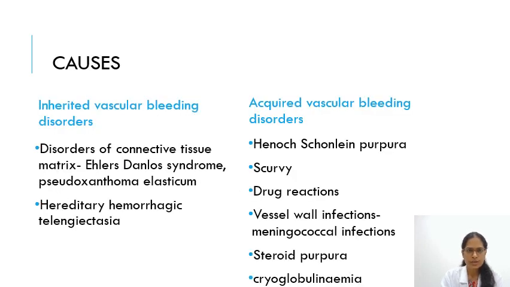These are again divided into inherited and acquired disorders. Inherited ones are mainly because of connective tissue disorders like Ehlers-Danlos syndrome and hereditary hemorrhagic telangiectasia. Acquired ones are phenytoin purpura, scurvy, any drug reactions, or cryoglobulinemias.